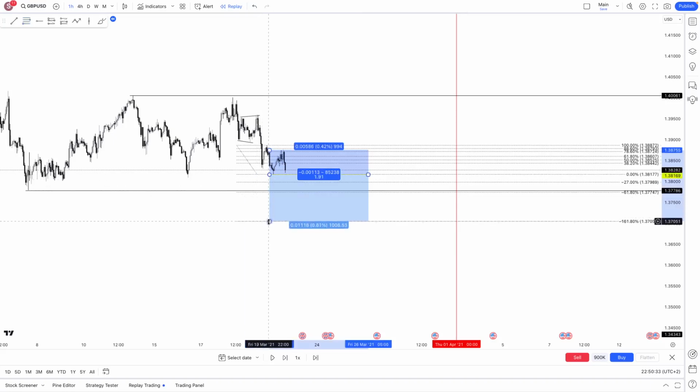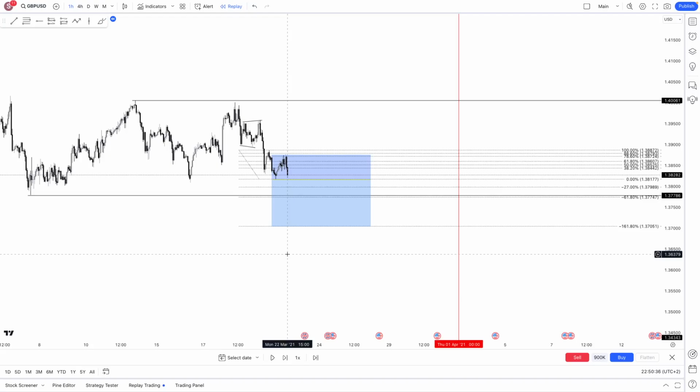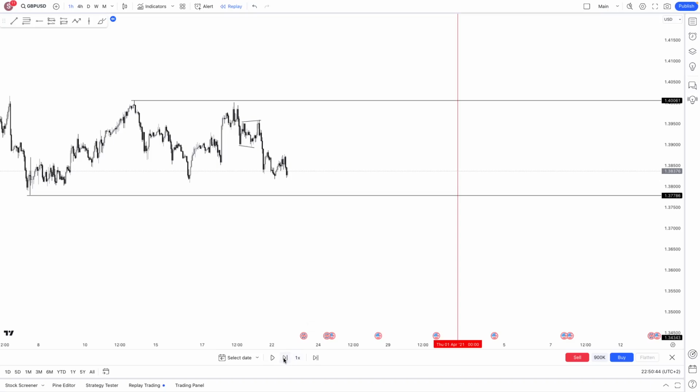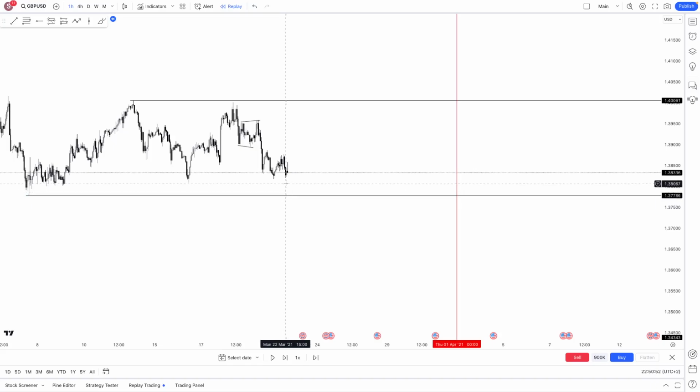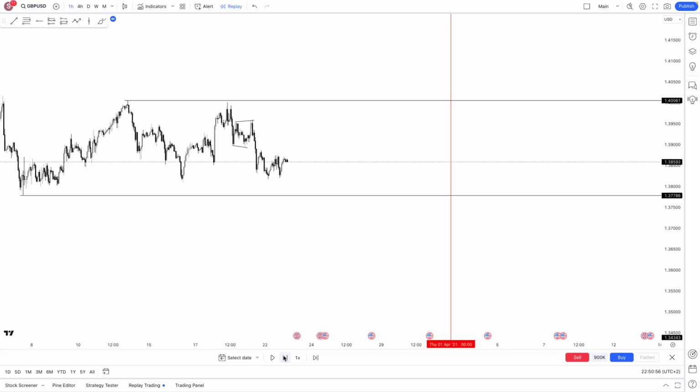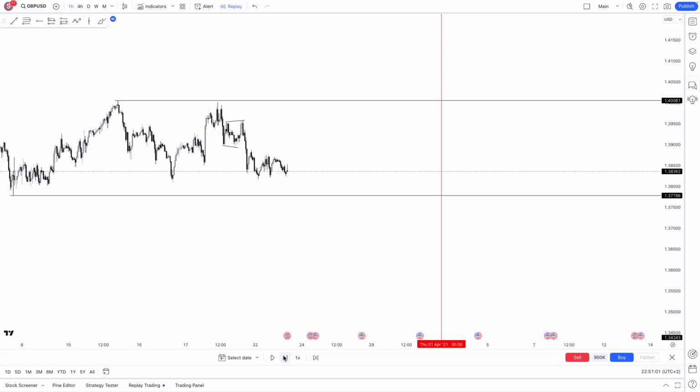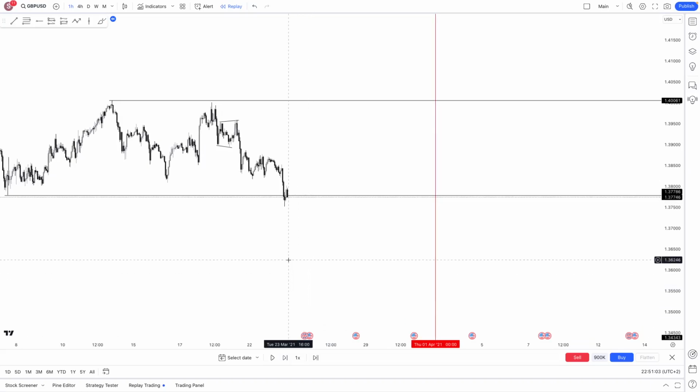I would want to see this break through to the downside. Okay, now it's currently 4 p.m. I'm just gonna let it go. However, this can push to the downside. I don't like taking trades after the New York Open, but it is possible for it to push to the downside. However, I'm not gonna take the trade. Okay, they broke out.